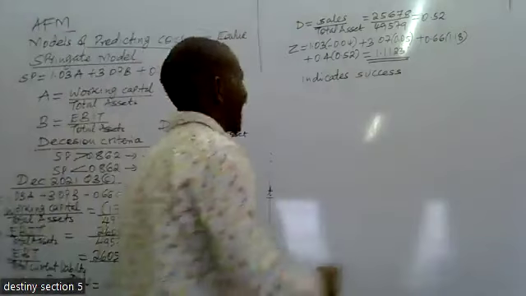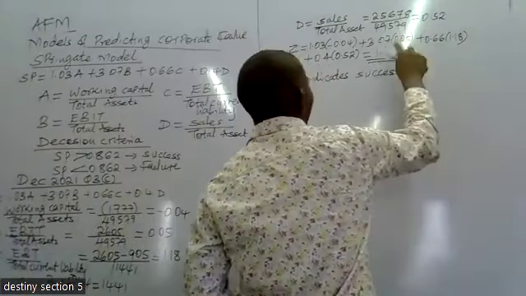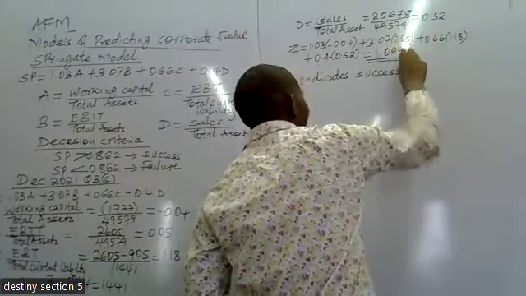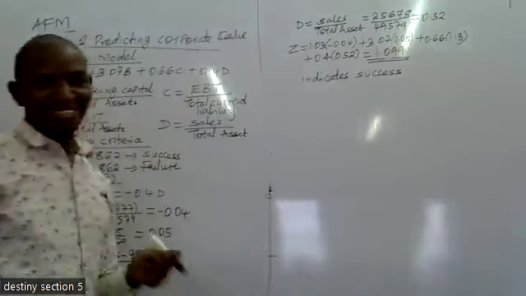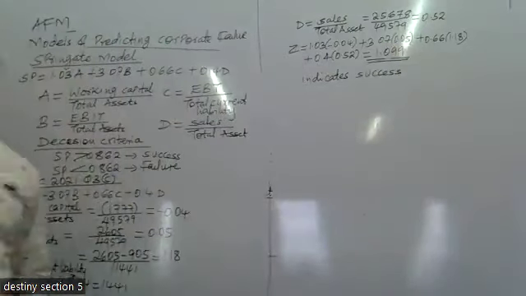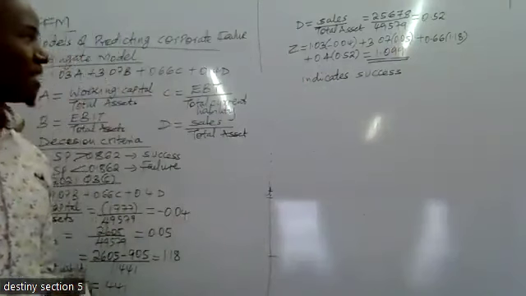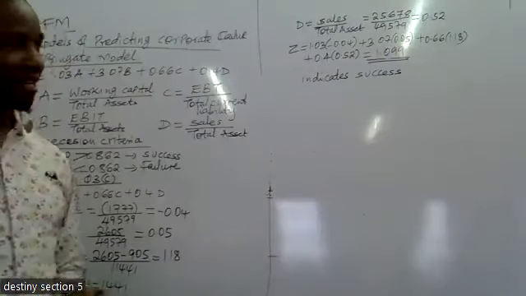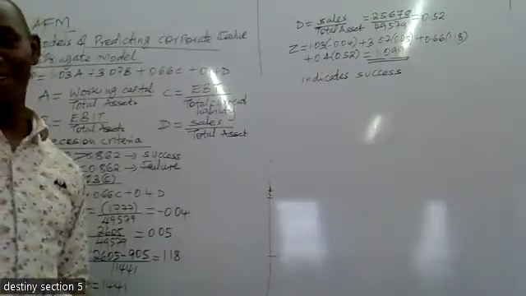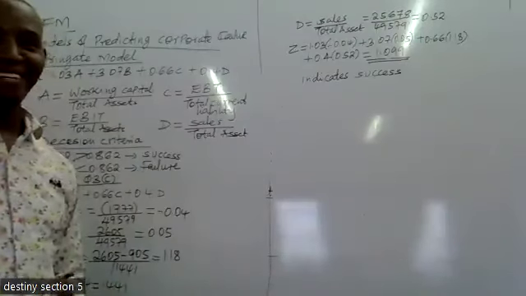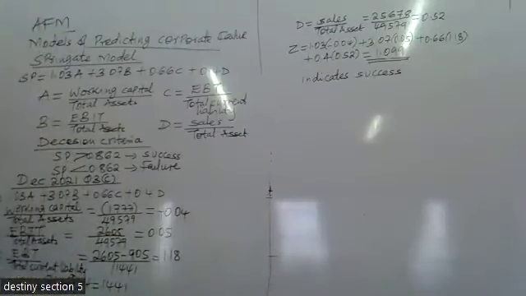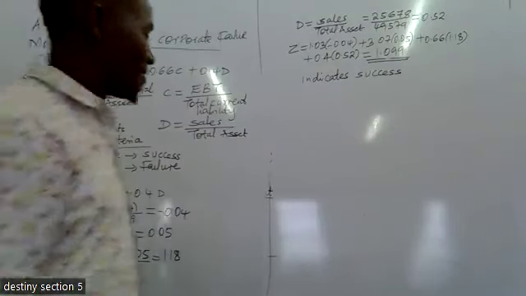You with your calculators, 1.099. Online, I see they have gotten 1.1123. Now let's just proceed.